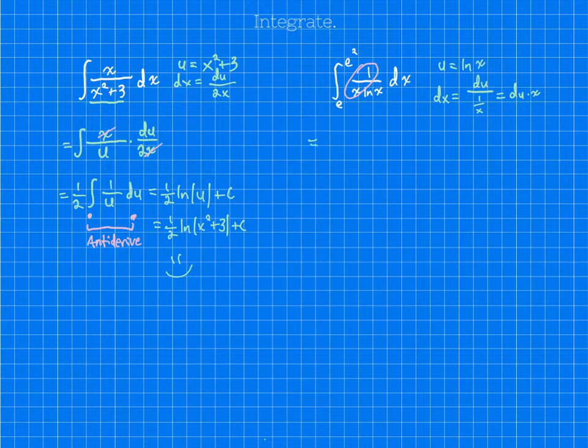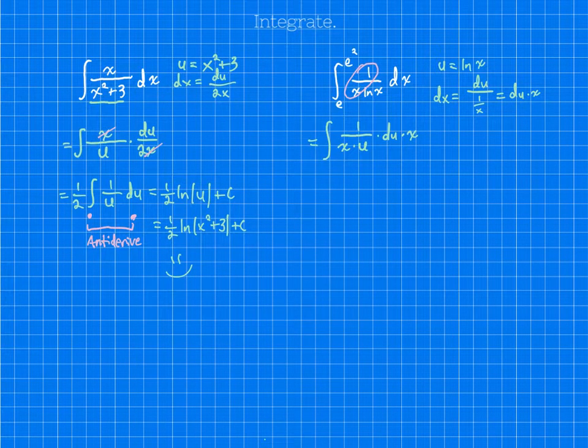And this integral we can transform into, all right, we got 1 over x times an ln of x, that was our u, and then dx turned into du times x.